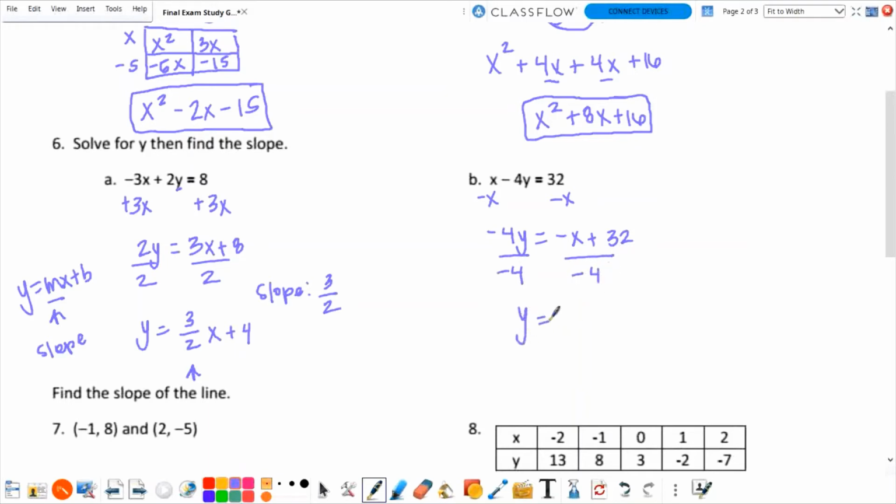Alright, so remember that this variable without a number in front of it is really like a 1. So this is negative 1 divided by negative 4. So negative divided by negative is going to make that positive, but we are going to leave it as a fraction. And then 32 divided by negative 4 gives us negative 8. Once again, you can pull your slope from that, which is 1/4.